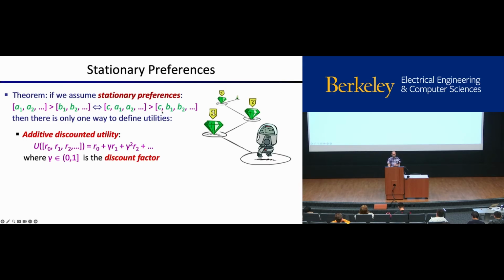Then this one wouldn't hold, because pushing it back would push one of those prizes from the first phase to the second phase, and that could change your overall ranking. So in the situation you're imagining, where you're changing your attitude toward the distant future as time goes on, it's true that your utility function would not take this form, but your preferences also wouldn't be stationary. So this would break, and we shouldn't be surprised that this breaks as well.